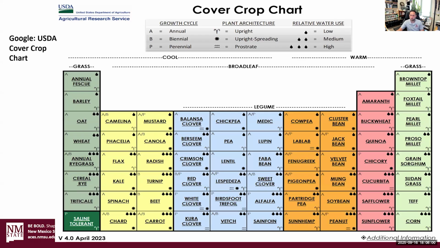It also tells you the relative water use based off of the droplets, the types of plant architecture, as well as the growth cycle, if it's an annual, perennial, or biennial. So this is a really good reference chart for you to take a look at.